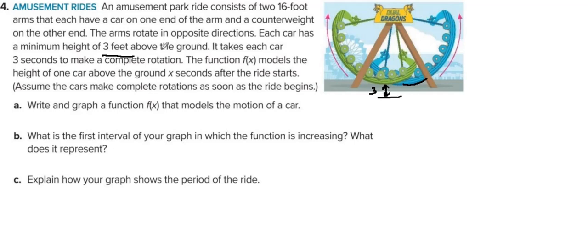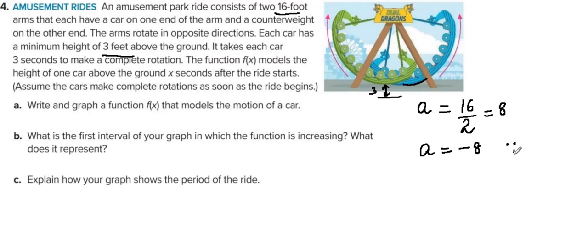So we need to find the amplitude. The amplitude is simple because it is going 16 feet arms each side. So that means 16 up and 16 down. What will be your amplitude? 16 divided by 2 is 8. So this is the amplitude. And A will be negative here, A will be minus 8.